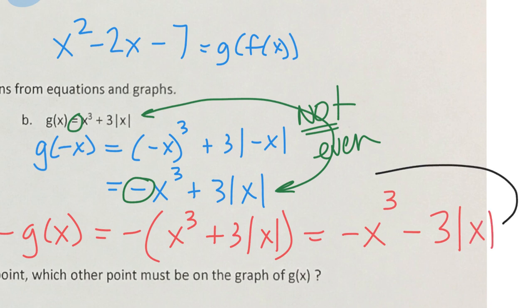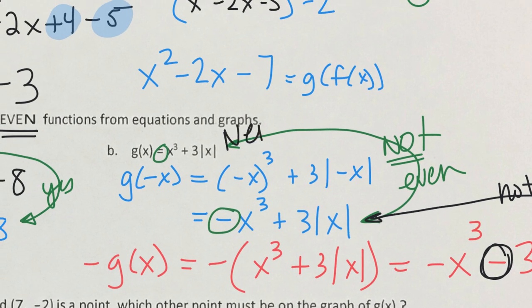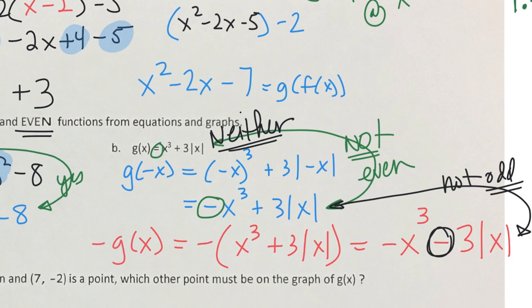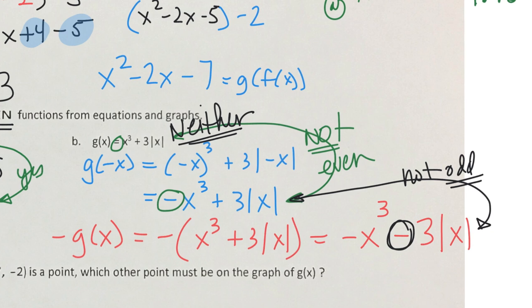Are these things the same? No, because this one has a minus 3|x| and that one doesn't. That means this is not odd either. So this function would be neither even nor odd. It fails both of our tests. It fails our even function test, and then it also fails our odd function test.